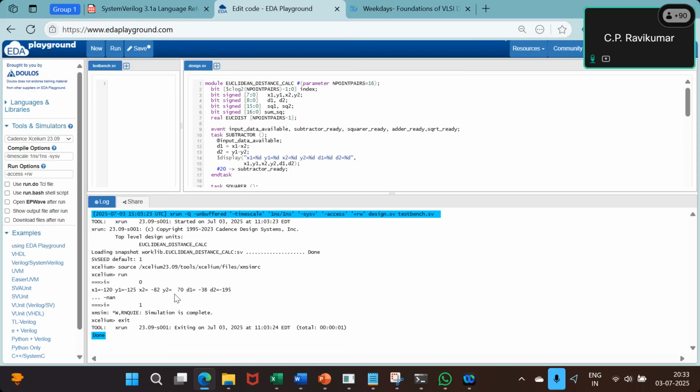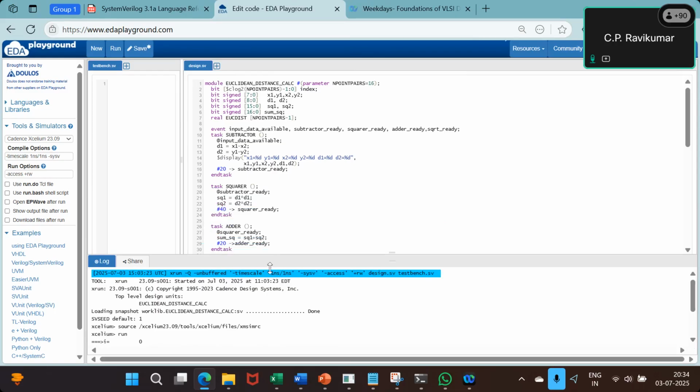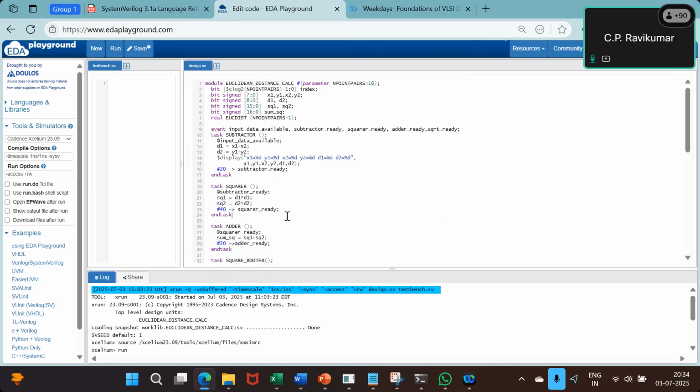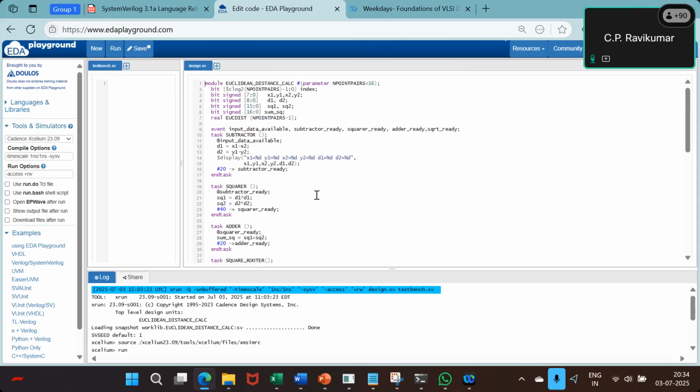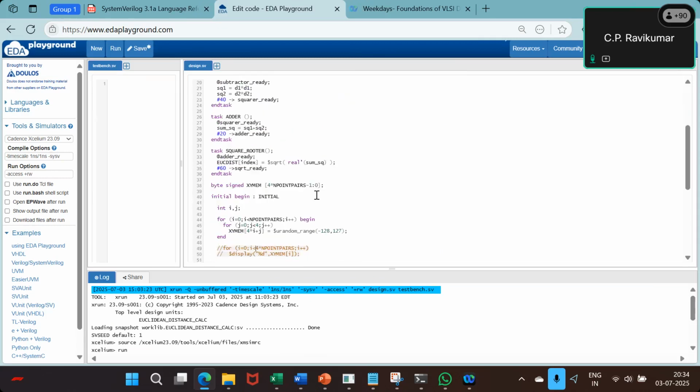And minus 125, minus 125. So I have a feeling it is this way. Square root has caused the problem. So square root, I have declared Euclidean distance as real, right? So I'm pretty sure it is this guy.